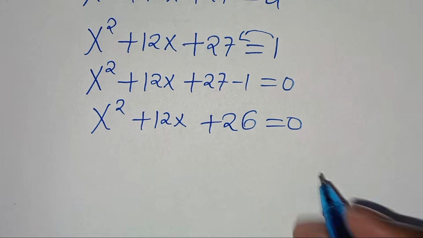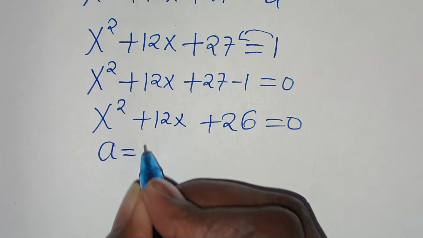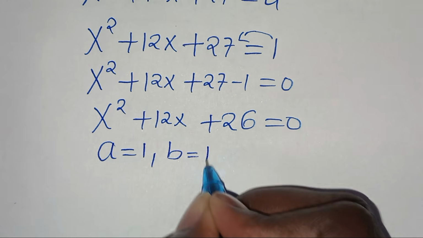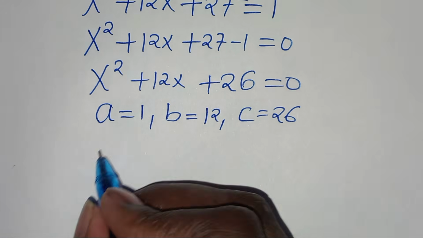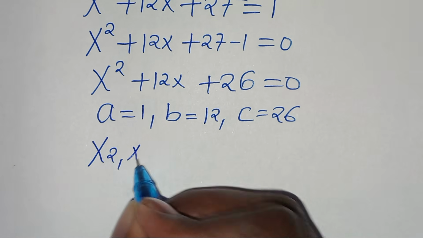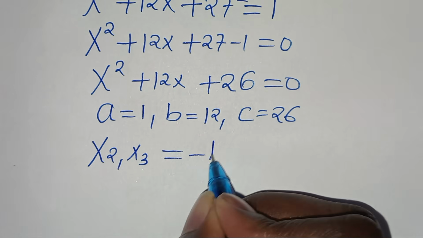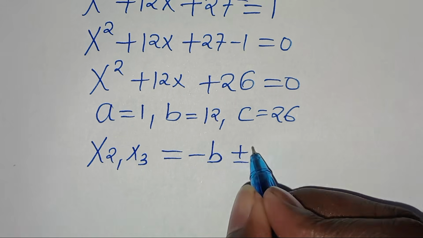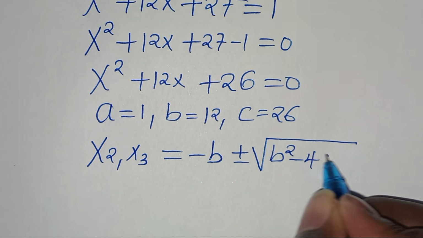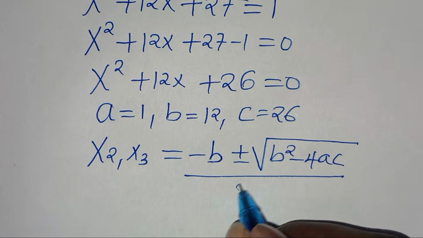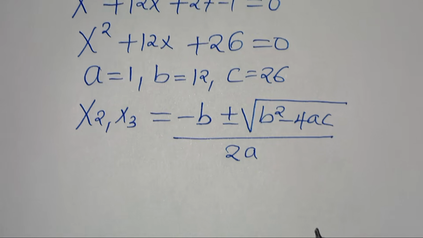So this is a quadratic equation where we have a is equal to 1, b is equal to 12, and c is equal to 26. So we can solve for x2, x3 by applying the quadratic formula here, which is minus b plus or minus the square root of b squared minus 4ac, everything here divided by 2 times a.